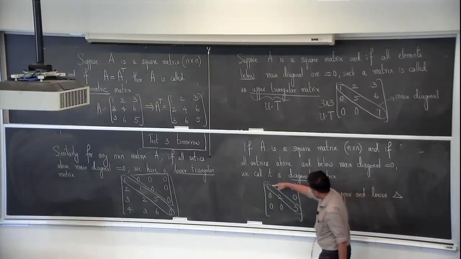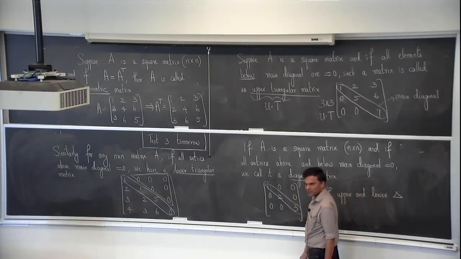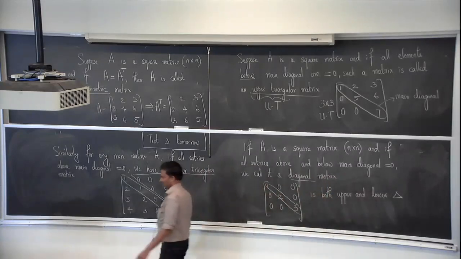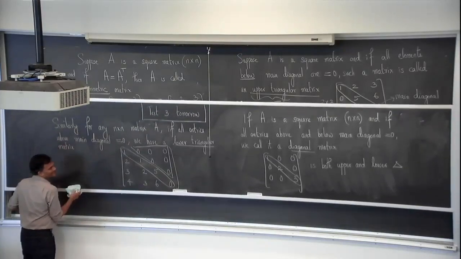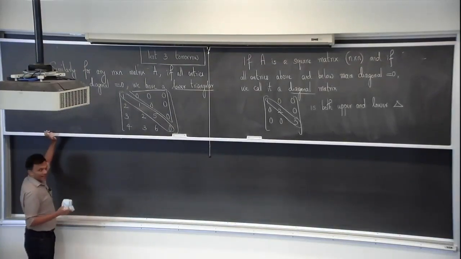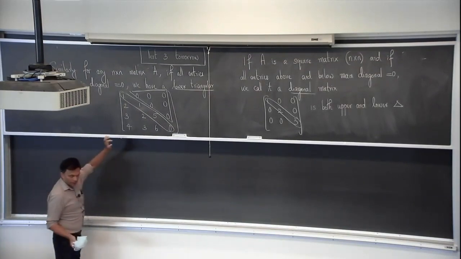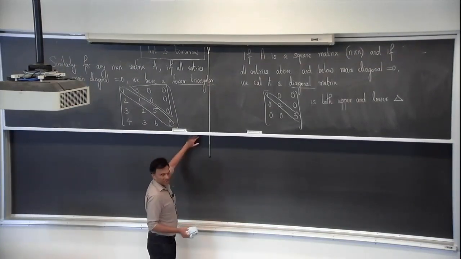What if these numbers were also equal to 0? What do you call that matrix? Zero matrix. So you don't have to be very creative with these names. And the zero matrix is a diagonal matrix, upper triangular and a lower triangular matrix. The only problem is it's not useful for anything.